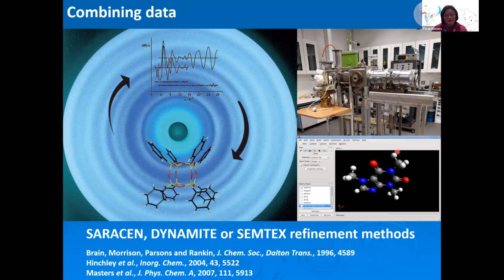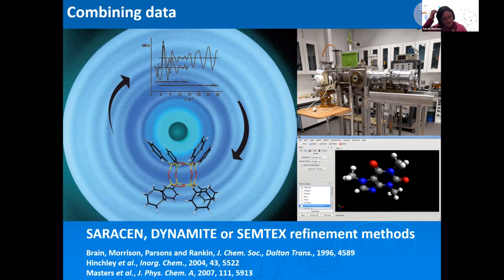And so to do that, more often than not, we will use theory, and hence the title that I put at the beginning, saying experiment plus theory equals awesome. So in a combination of experimental and theoretical data, we can get a complete molecular structure. So the background here, this has been color enhanced.